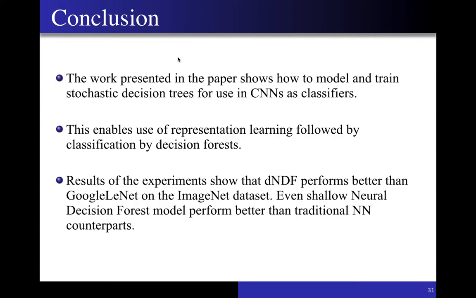Since it performed better, it indicates that the decision forest as a classifier layer for neural networks can outperform traditional approaches.